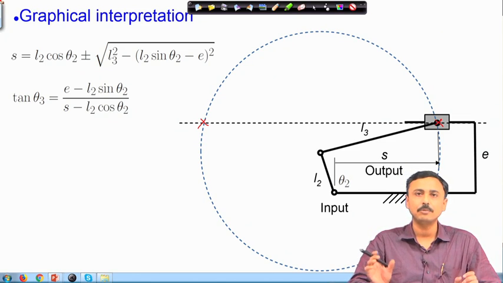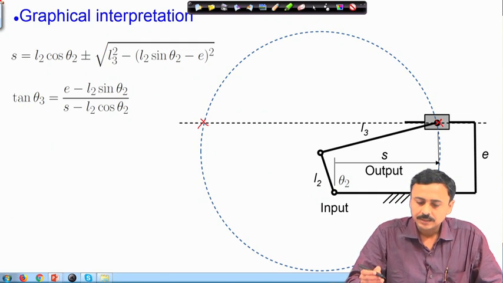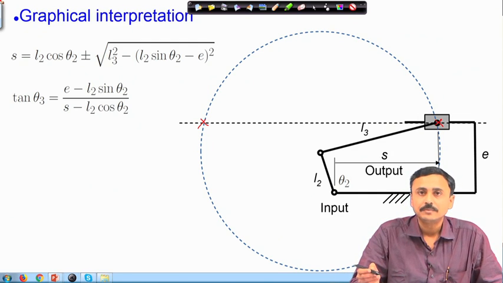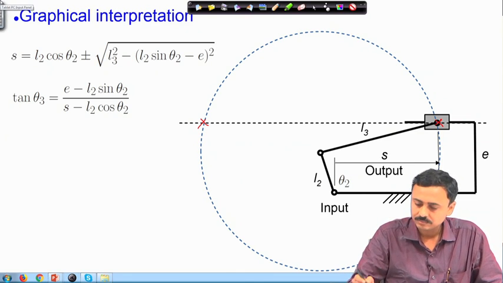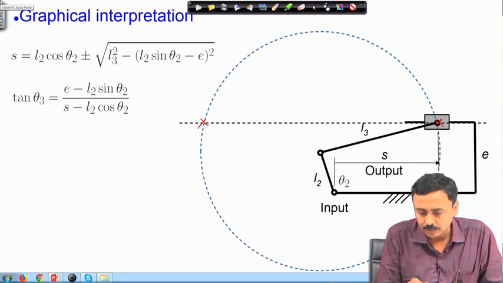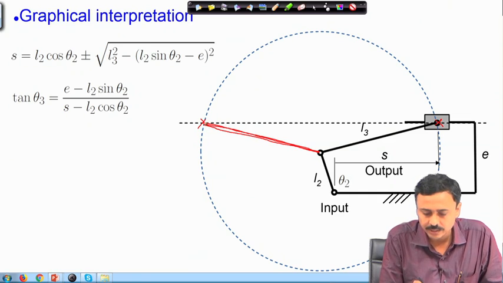I can connect the slider block to the link. Therefore, we have two possibilities of assembling the mechanism. One is already shown in black, the other possibility is this, where the slider comes here.